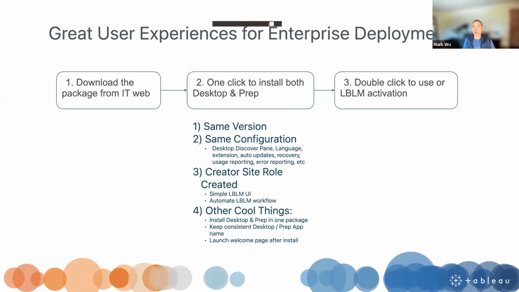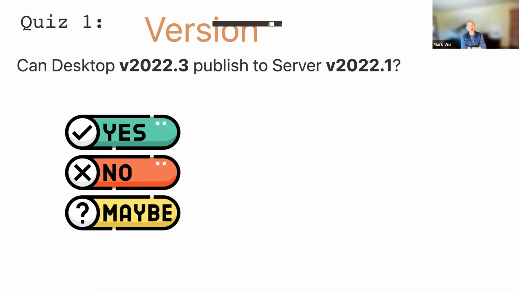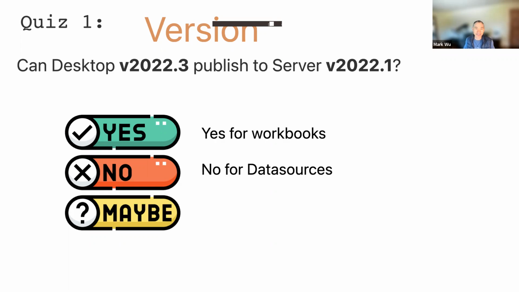All right, let me test your understanding. I have a few quiz questions just for fun. Can Tableau Desktop version 2022.3 publish to server 22.1? The answer is yes.